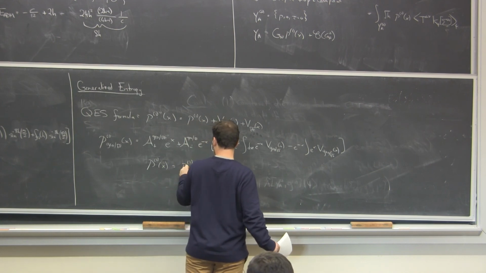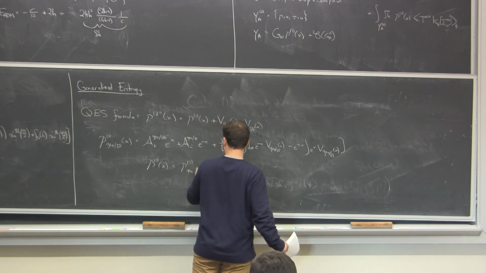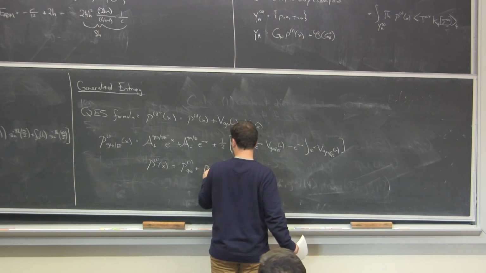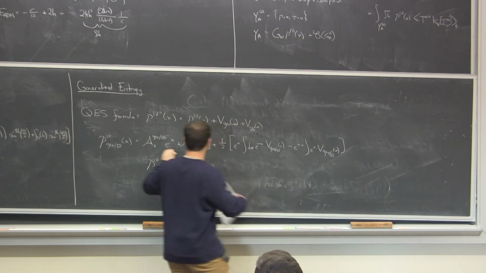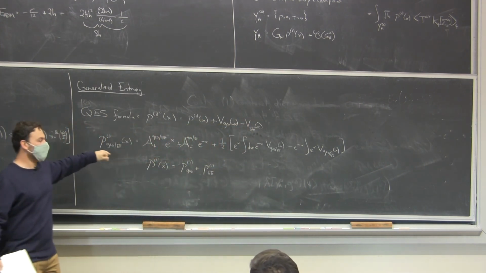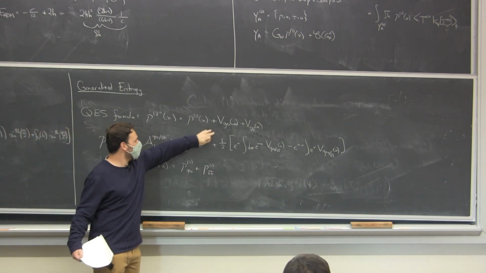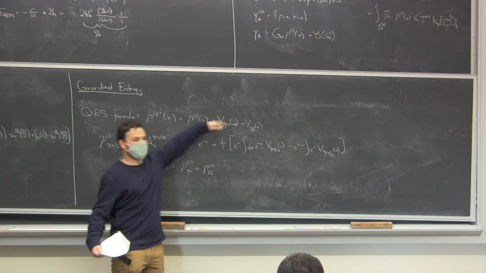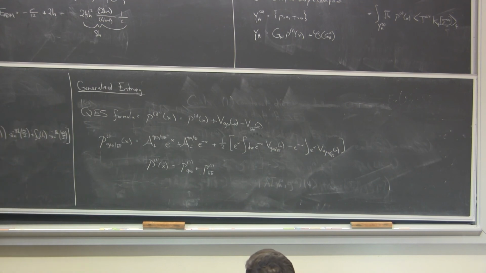So you can compute them individually and then just take their sum, because the solution to this differential equation is just a sum of the solution where I only consider this potential and the solution where I only consider this potential, because of the linearity of this ODE. So this is kind of the remarkable thing.